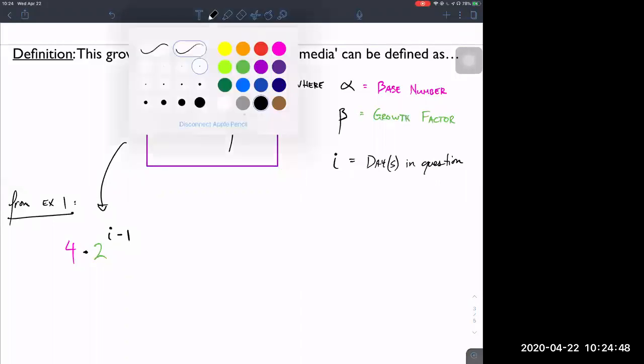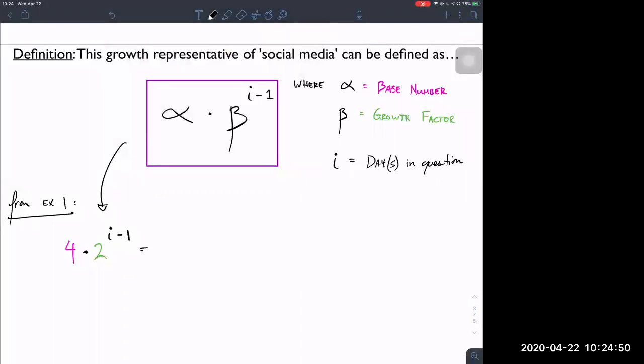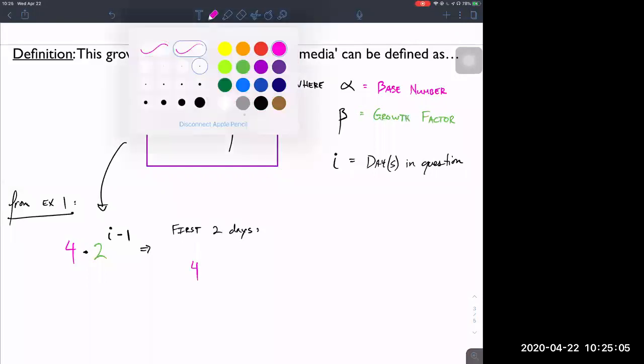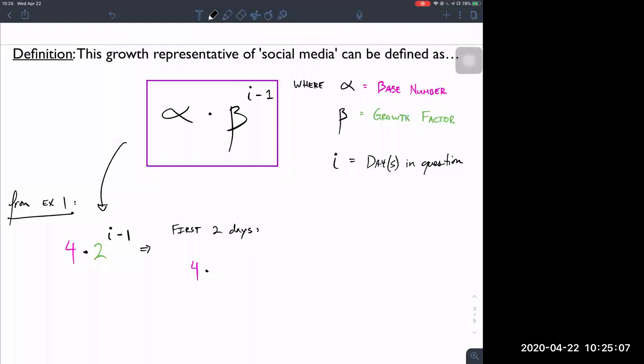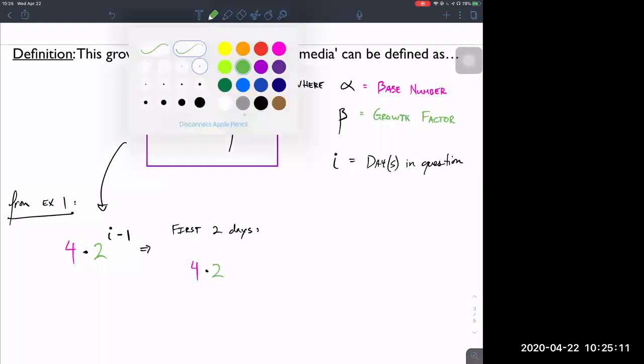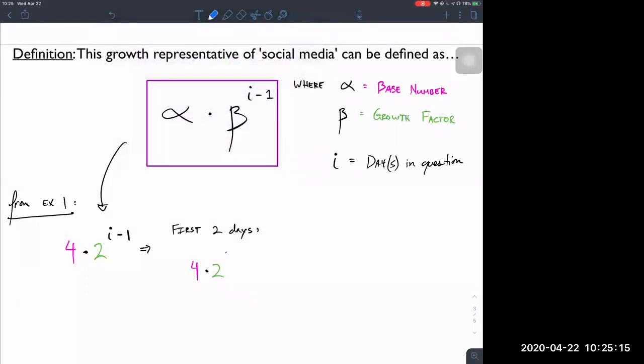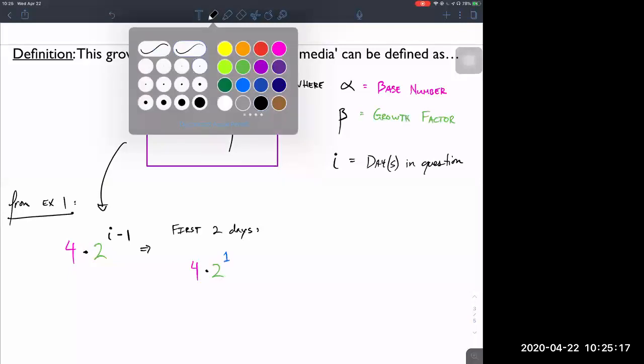Well, if you want the first 2 days, let me write this out, the words first 2 days, right? You would give me 4 times 2, and then now I'm going to use a different color to represent the days of 1, and then minus 1.